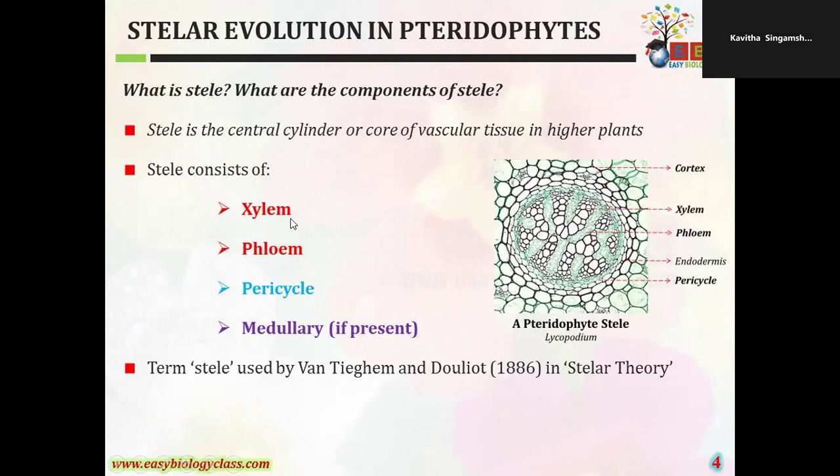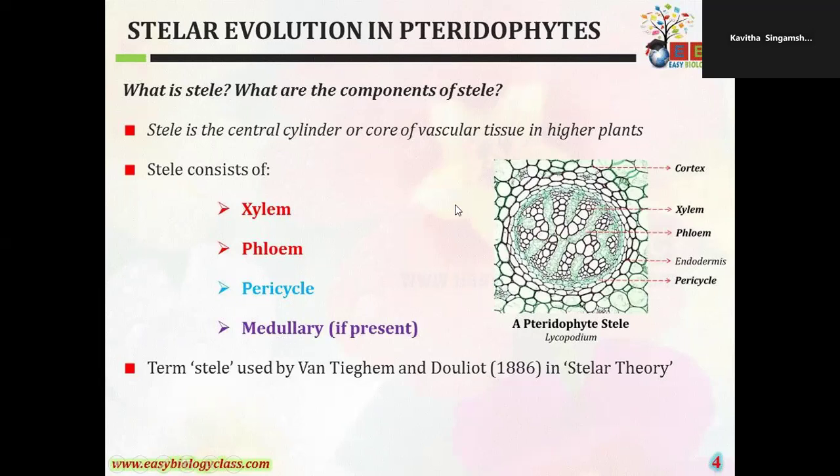What are the components of the stele here? The components of the stele include two main ones. One is the xylem and the other is the phloem. Surrounding this stele, we can see a single layer of pericycle, and we can see the medullary rays or the medulla, if present or not.